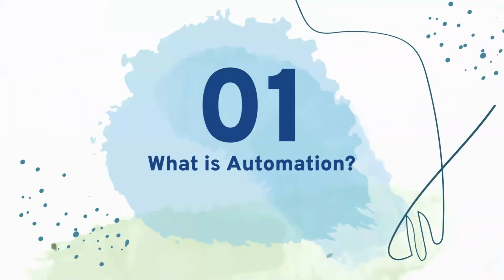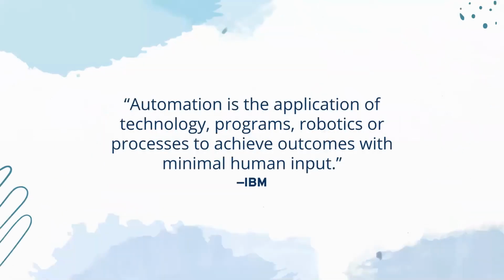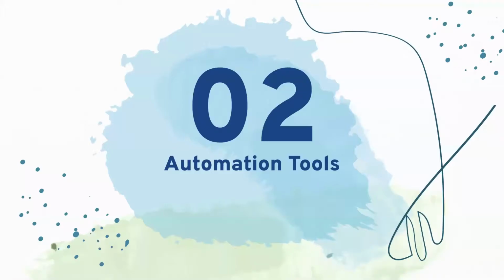So what is automation? This is a quoted definition from the IBM website, and as I understand it, automation is making things work automatically. So going to automation tools, this is a broad area, but I'm going to focus only on continuous integration tools because they have different types of automation.